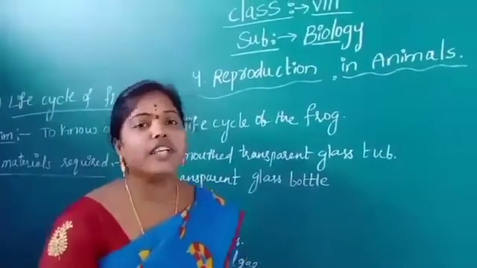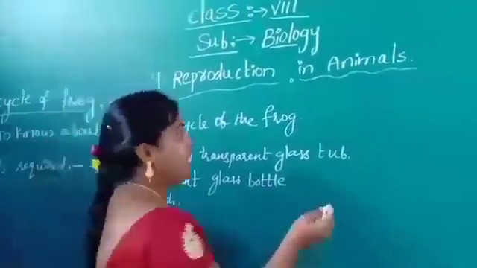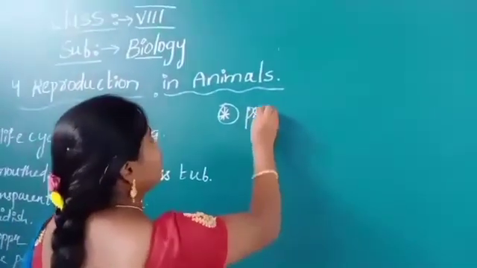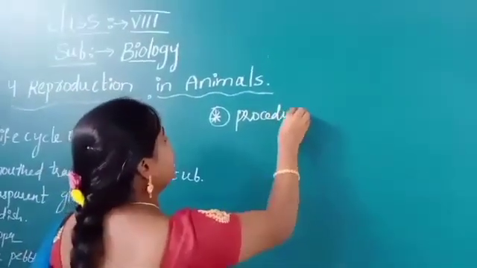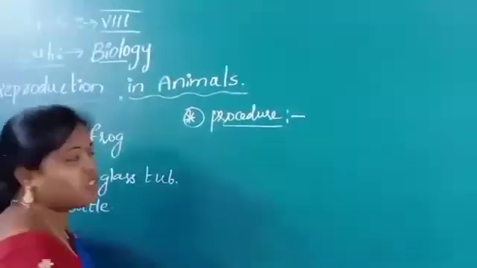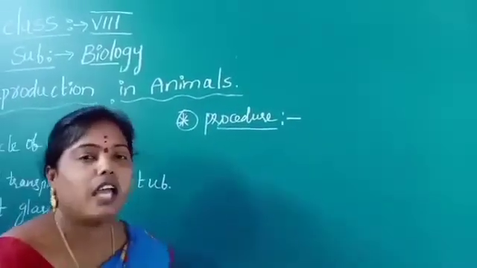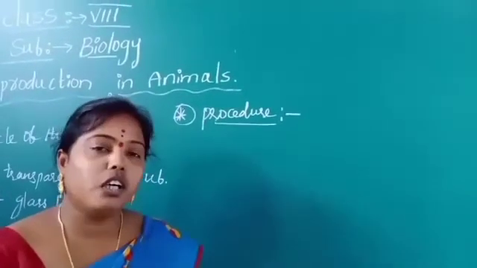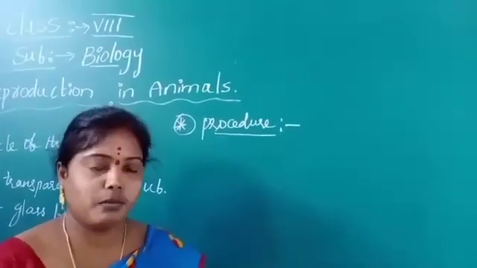So we are knowing about the life cycle of the frog. Next one, procedure. Procedure is very important, children. This procedure contains steps. How will we do this lab activity? Children, you go to a pond or flowing water.